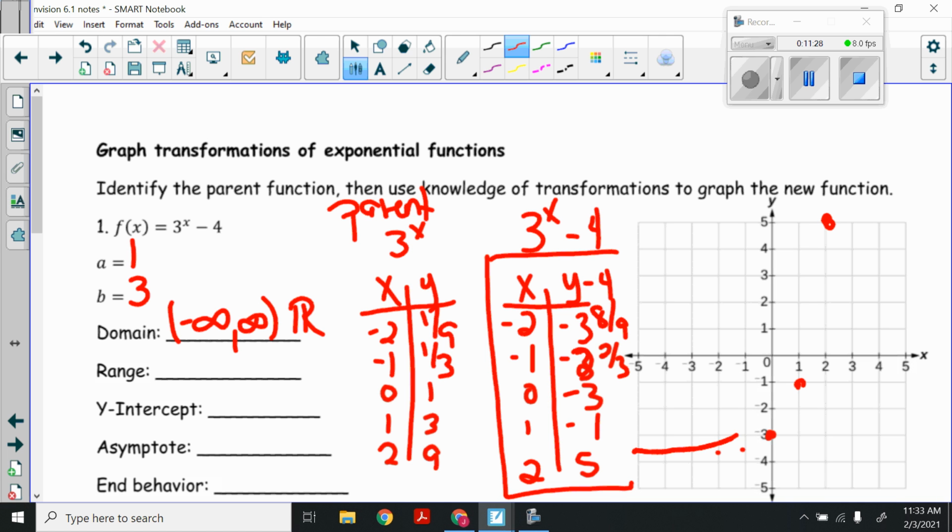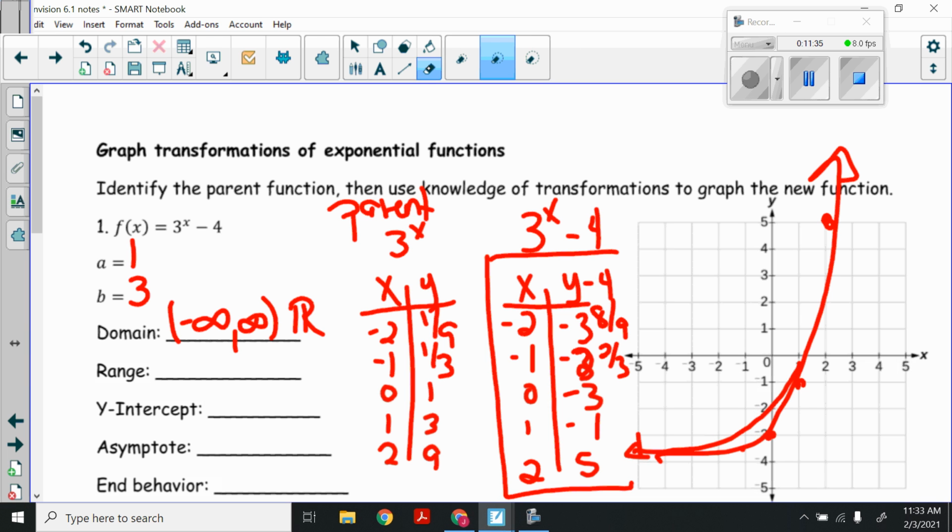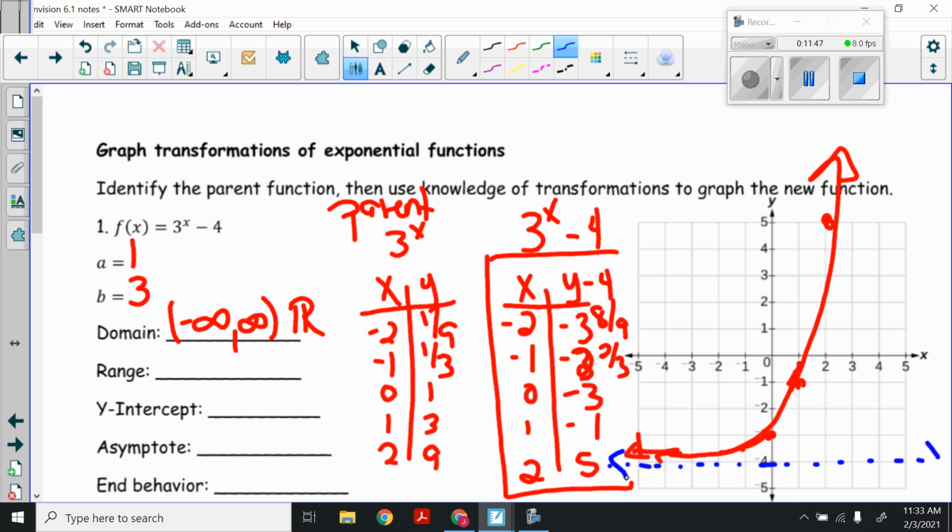So here's my graph. Let me see if I can get rid of that. Okay, we'll go back. All right, so my asymptote this time is that -4. So there's my asymptote. Okay, so notice that my range changed.